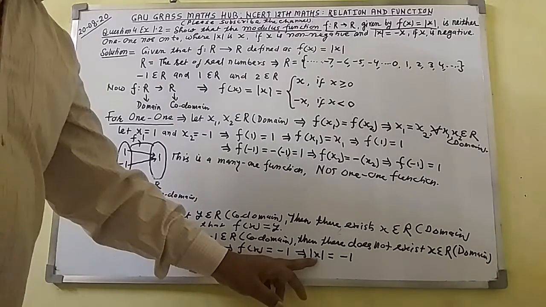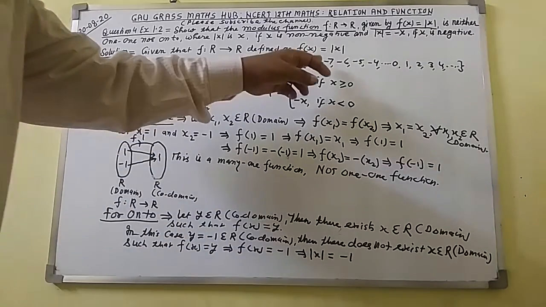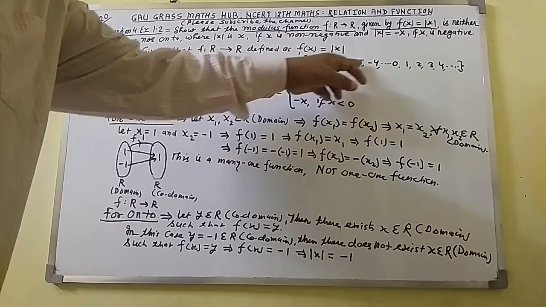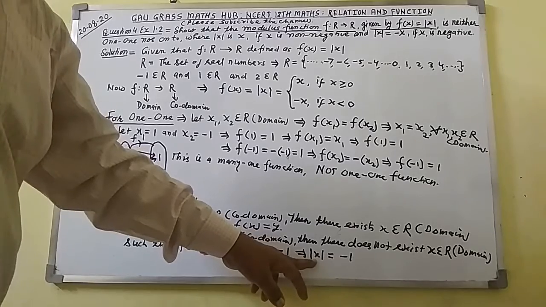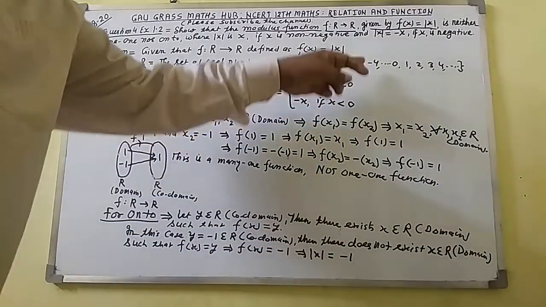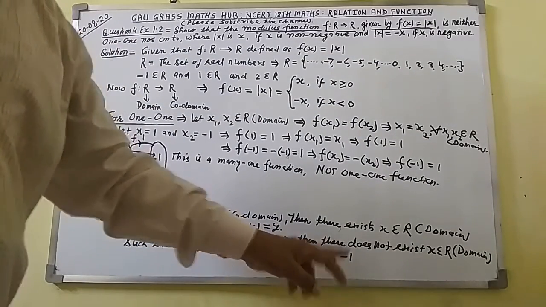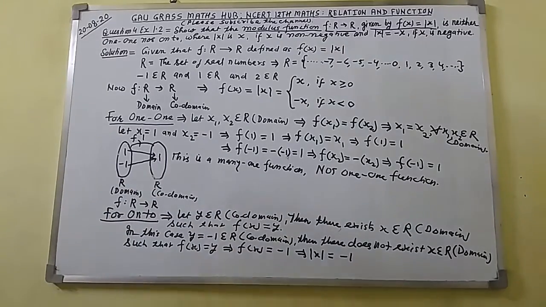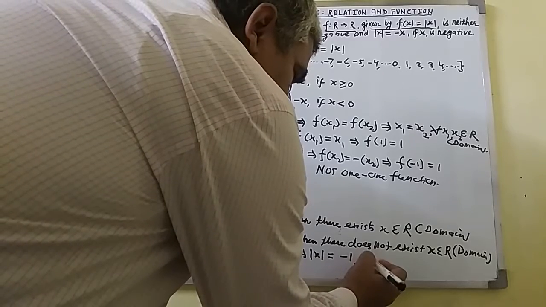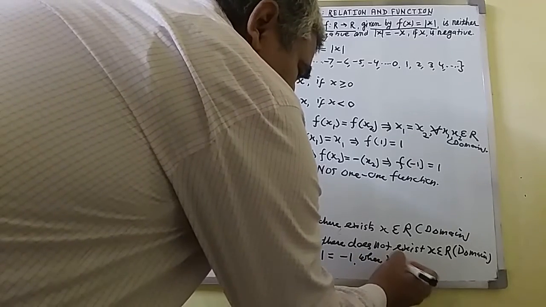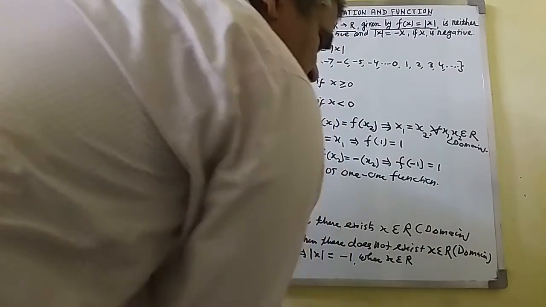So if you take value of x equal to -7, -6, -5, -4, or if you take value of x equal to -1, then mod -1 comes out to 1. This is not correct, where x belongs to capital R domain.